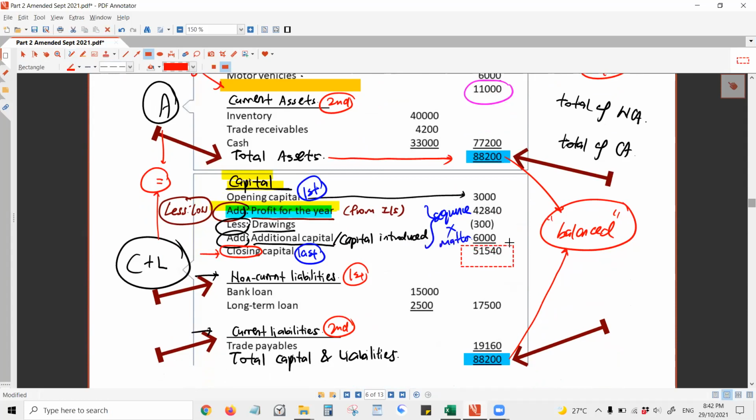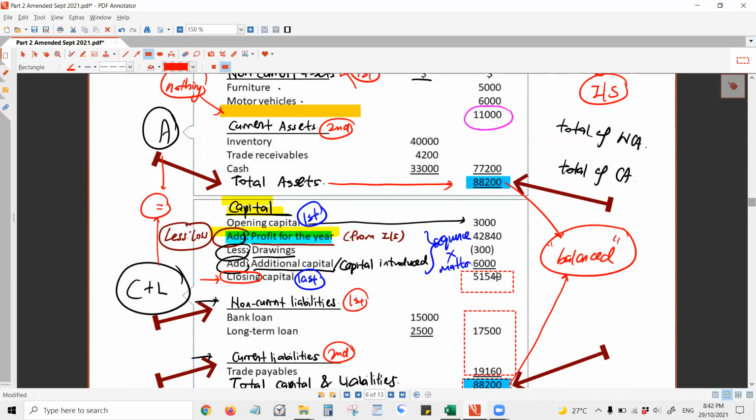Because if you take this figure, 51540, and add it together with liabilities, that's how you get the total capital and liabilities, right? So my point is, we can replace the closing capital with the four numbers above. When you do some calculation with them, you will get this same figure, 51540.